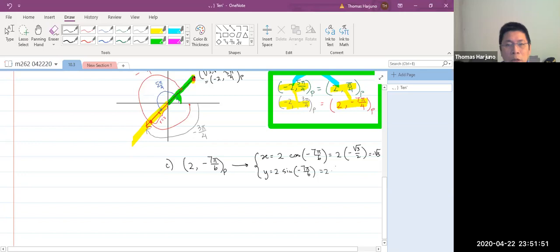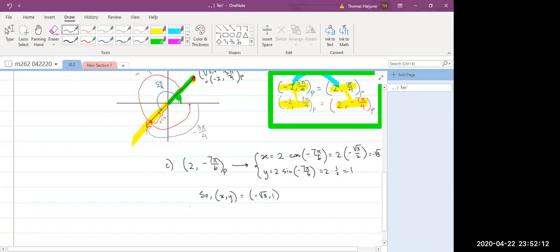That's 2 times 1 half. That's 1. So the coordinate xy will be negative radical 3 comma 1. That's in rectangular coordinate system.